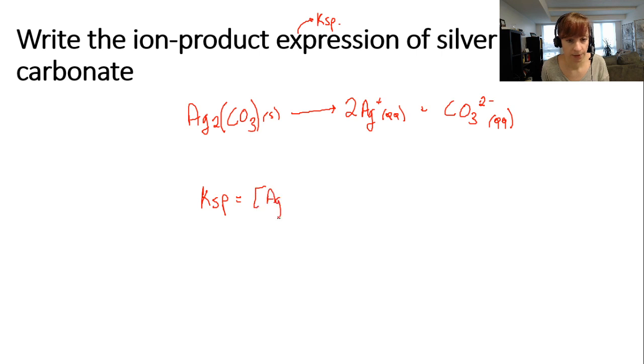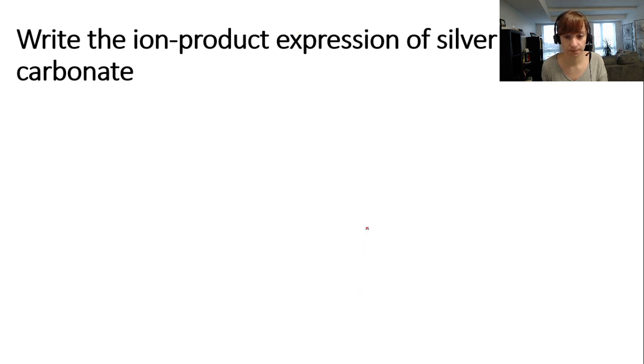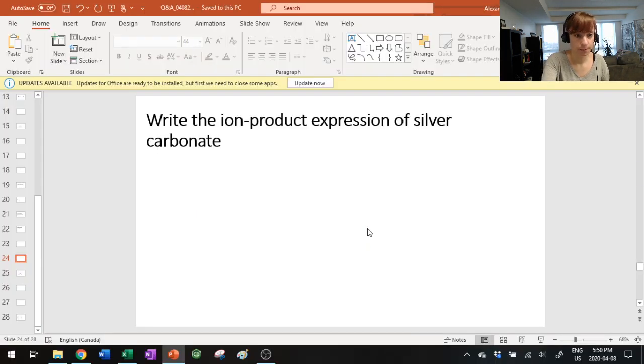So we care about the concentration of silver, which has a coefficient of 2, so that means it's going to be squared. The concentration of CO3 2 minus, which has a coefficient of 1, so you don't need to draw an exponent. And that is the ion product expression.